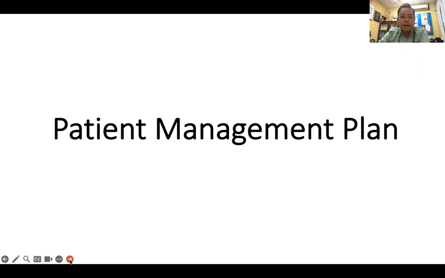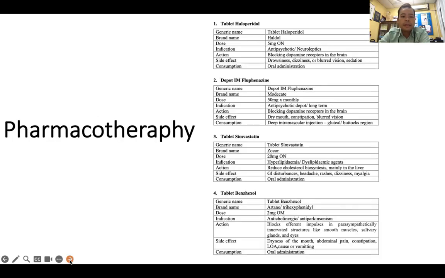On the patient management plan in the ward at Hospital Mesra Bukit Padang, he was treated with pharmacotherapy. He was given 4 drugs: tablet haloperidol, 5 mg at night, and the side effects were some drowsiness, dizziness, blurry vision, and a bit of sedation. And Modecate, 50 milligrams monthly.